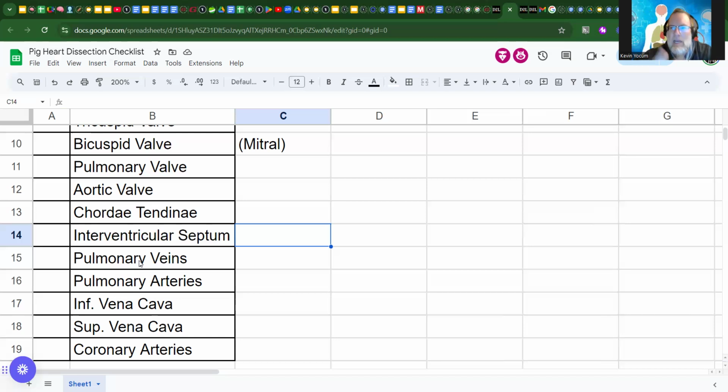We do have exceptions to veins carrying blood high in carbon dioxide. Remember, veins always go toward the heart. The pulmonary veins are going toward the left side of the heart, and they're carrying blood that's high in oxygen. The pulmonary veins are the only veins in the body carrying blood high in oxygen. All other veins carry blood low in oxygen.